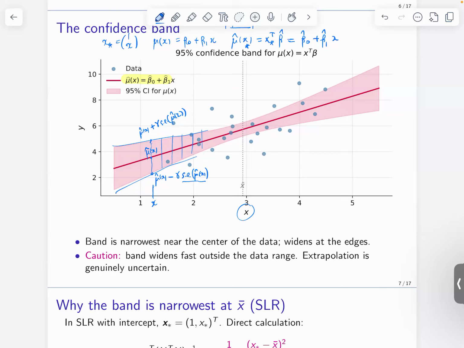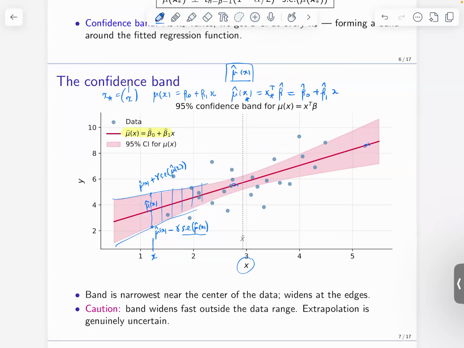Being here is less certain than being here. The confidence interval tells you that your estimates are less reliable out there than in the middle. This is why traditional statisticians really like confidence intervals and inference. Just giving a point estimate does not reveal this feature, but once you have the confidence interval, you have extra information where you can be more trusting of your results. Is the nature of these bands clear?